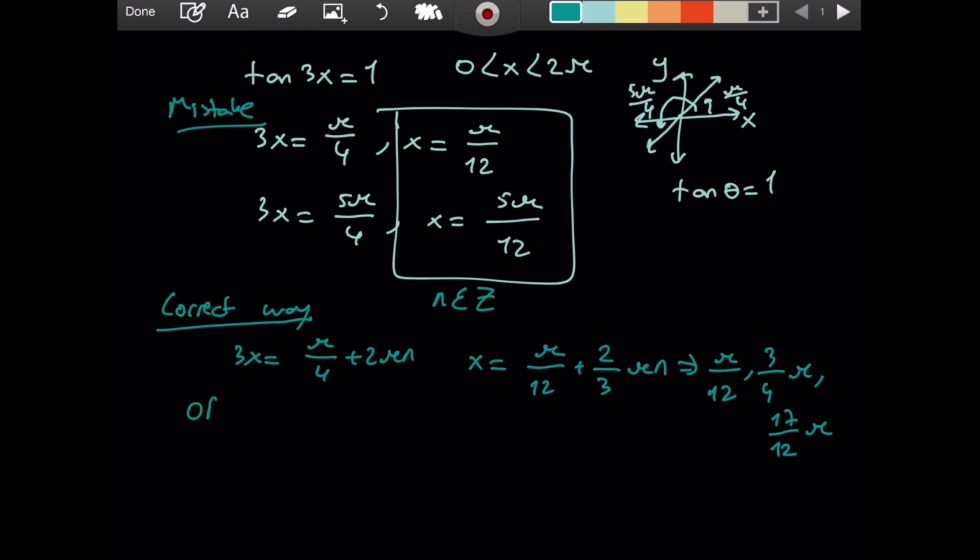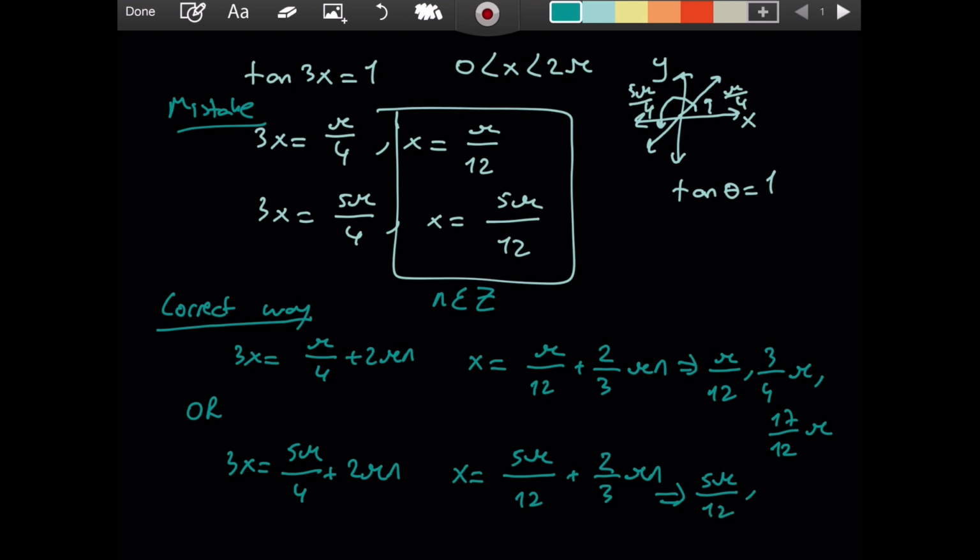And now we consider the other family of solutions, that is 3x is equal to 5 pi over 4 plus 2 pi n. That means x is equal to 5 pi over 12 plus 2 over 3 pi n, which gives 5 pi over 12 as an answer. We plug in 1 for n, so we have 5 over 12 plus 8 over 12, so 13 over 12 pi.